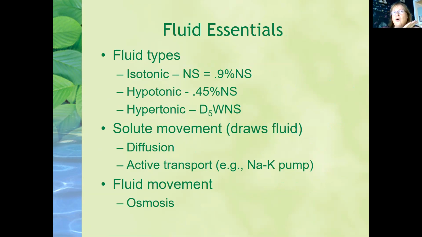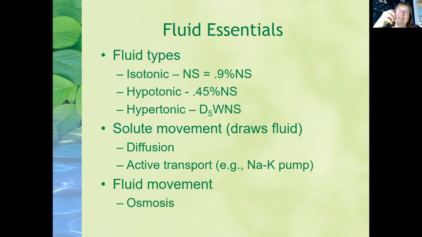So typically, and I know you've all learned that, there's three sort of categorizations of fluids. Isotonic means it's the same tonicity, the same concentration of anions and cations as the human blood or plasma. And so an example would be normal saline, or 0.9% normal saline.